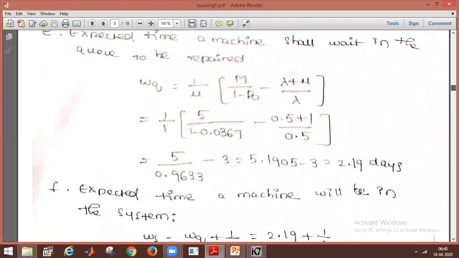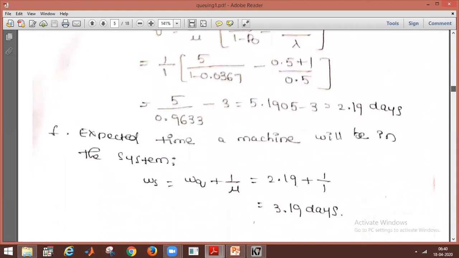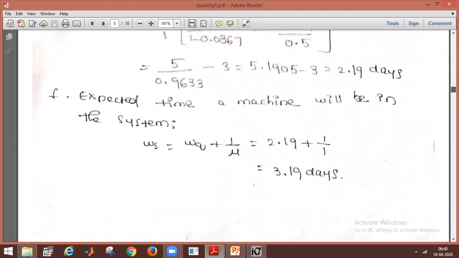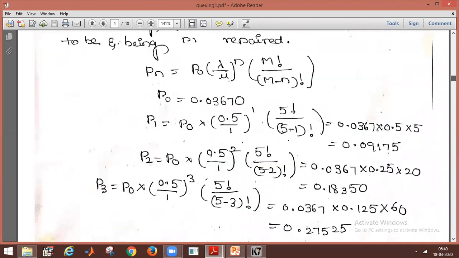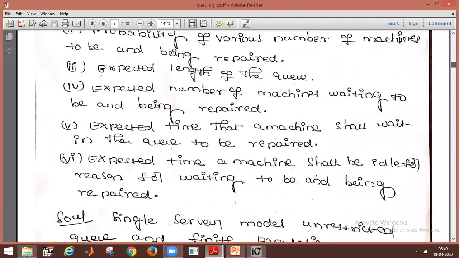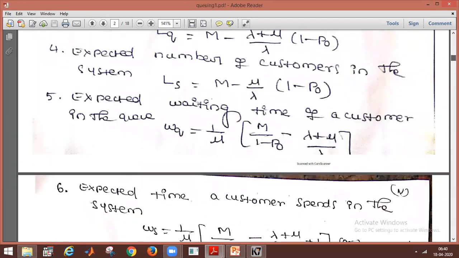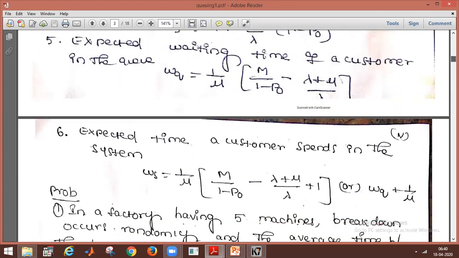So next we have to ask the expected time a machine will be in the system. Expected time in the system: we go to the formulas. The sixth formula, we have to use WQ plus 1 by mu.